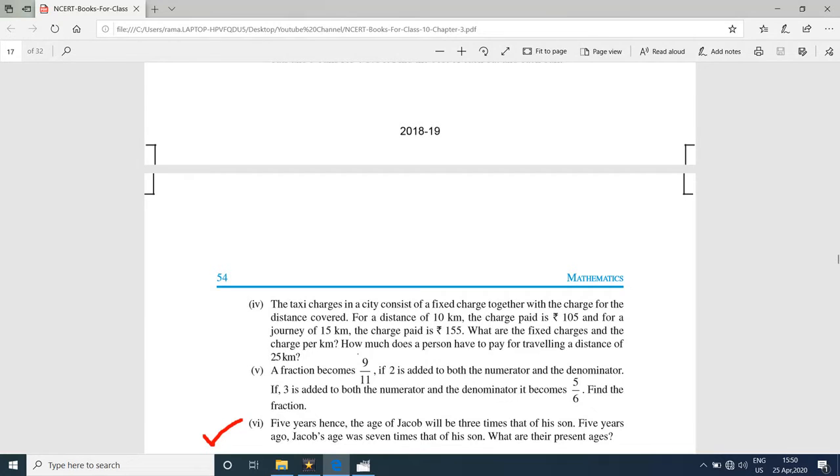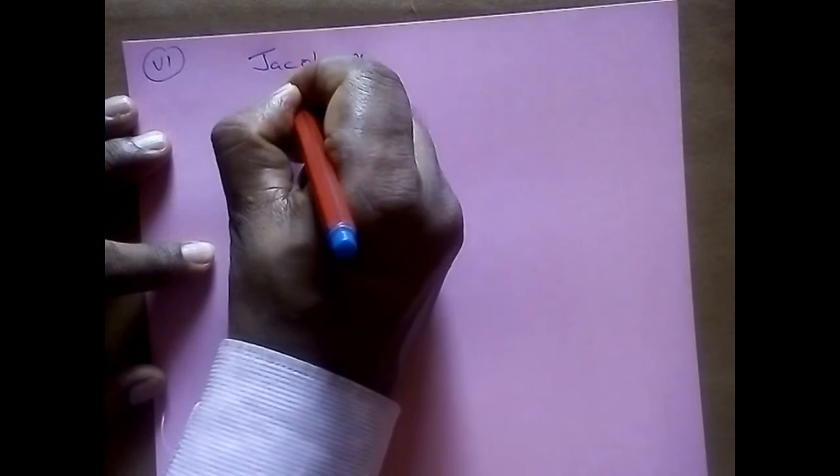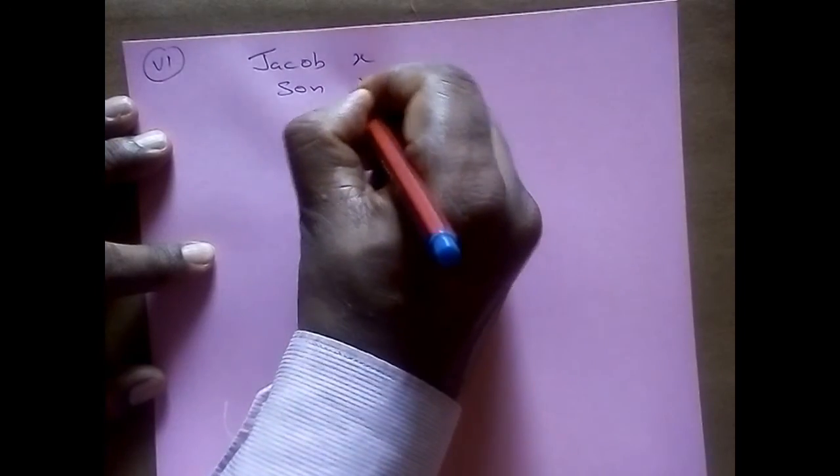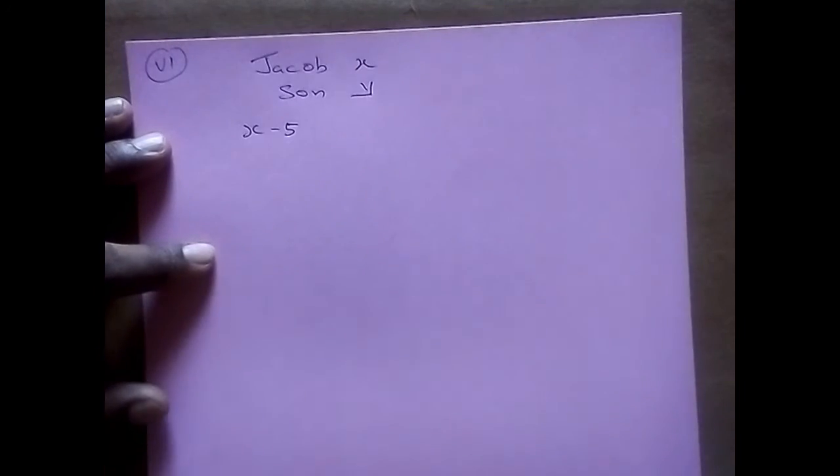Now sixth question. 5 years hence the age of Jacob will be 3 times that of his son. 5 years ago Jacob's age was 7 times that of his son. What are their present ages? So let the age of Jacob be x now, and the son's age be y.